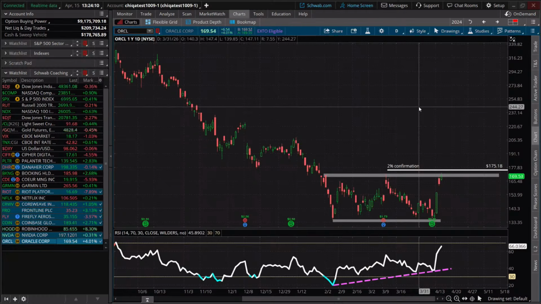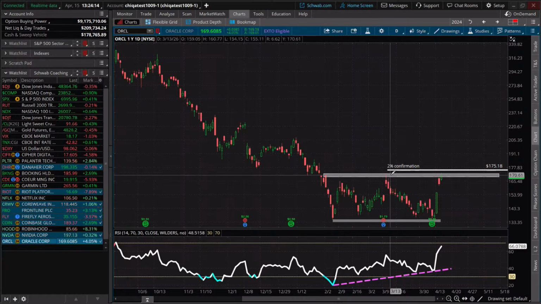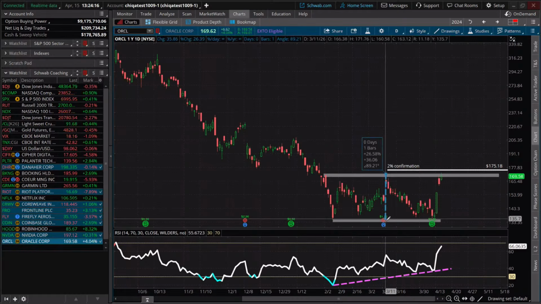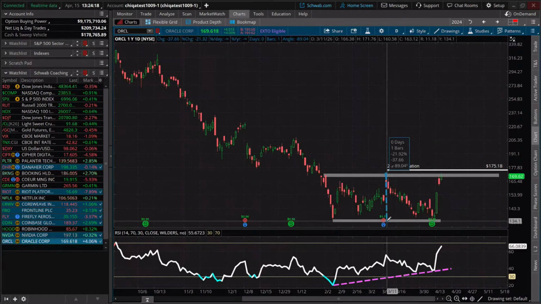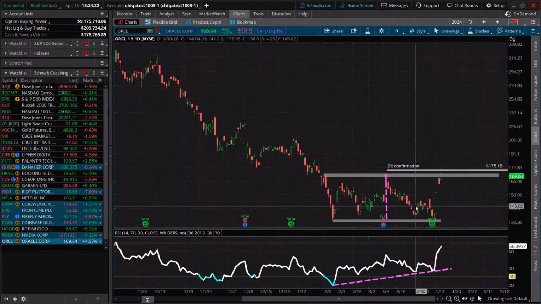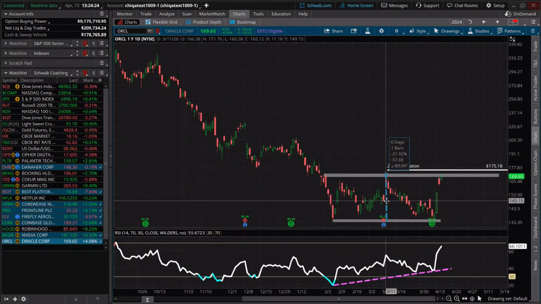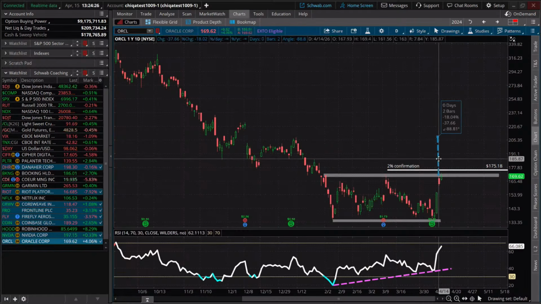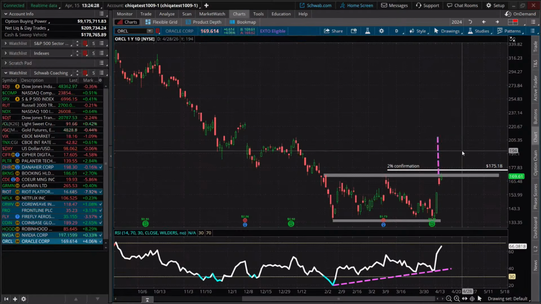So in this case, we're going to measure this move, and we're going to see what our measured move to the upside could be within a certain amount of time. And we're going to place that right at the breakout point. And thank you, Brent, for putting that in the chat, because that was kind of the point that I missed.